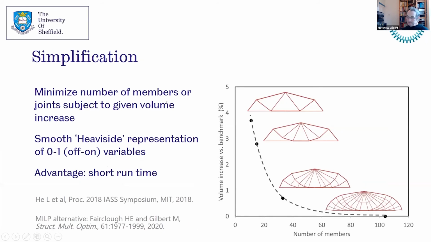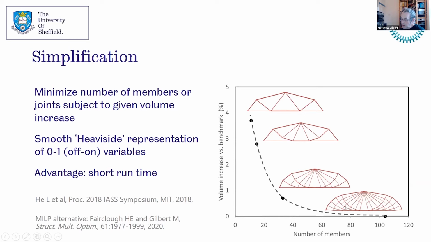Next up, simplification. So various different ways of doing that. One that we found very helpful is to have a two-phase process where we first of all solve the layout optimization solution, also apply geometry optimization as well, and then fix the volume and so change the volume from being an objective to being a constraint.